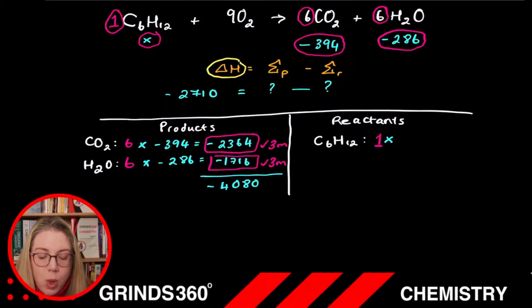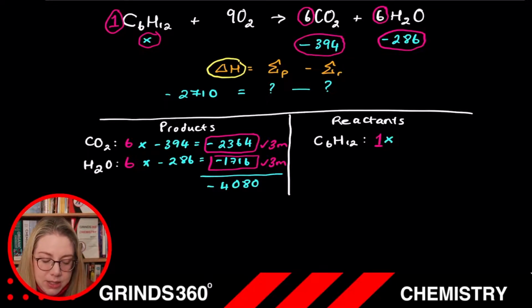So that is 1x, or if you prefer, just call it x. The reason I'm emphasizing that is it might not be 1 in front. If there was a 3 in front of the cyclohexane, then I would have 3x here when I'm writing down this value for the reactants. You always take the number in front and multiply it by the heat of formation.